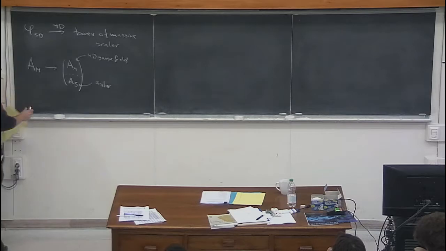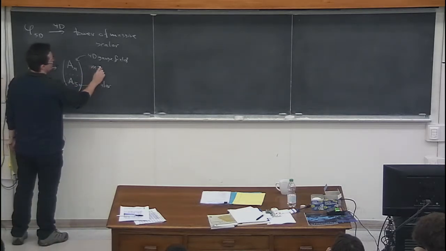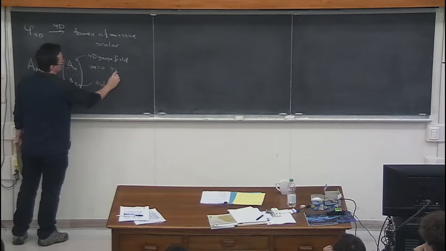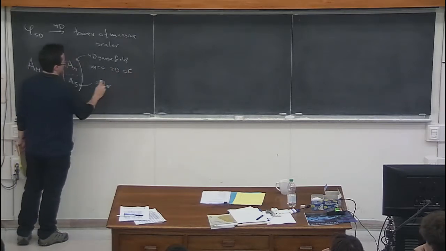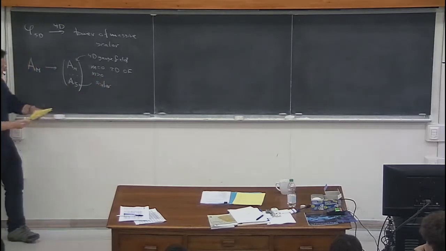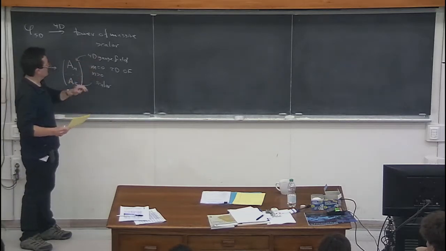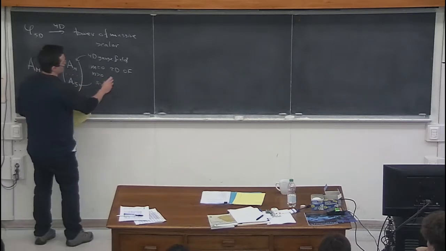A massless gauge field, so m equals 0, has 2 degrees of freedom, but the higher n's, where by n I mean the Kaluza-Klein number telling you at what level you are in this Kaluza-Klein tower, have 3 degrees of freedom.